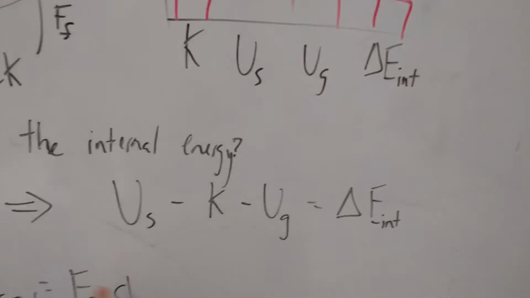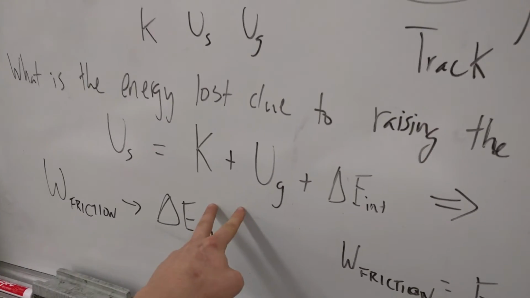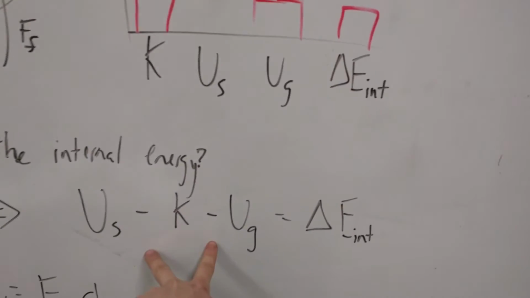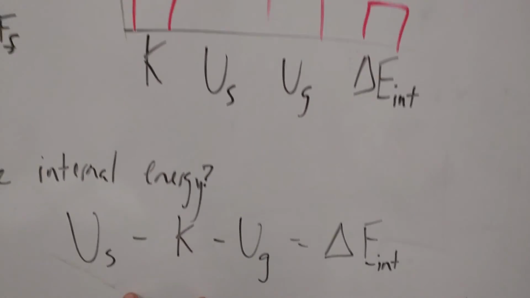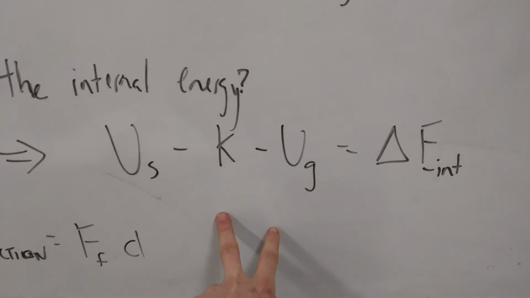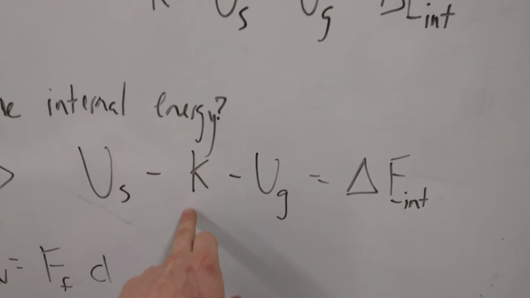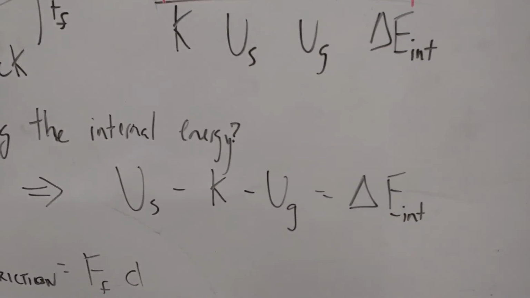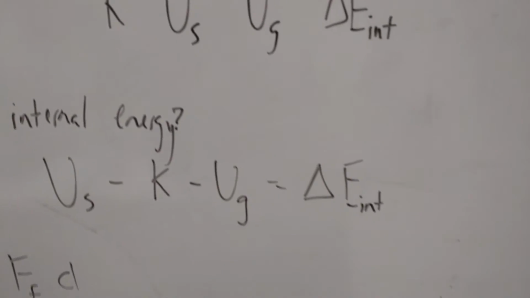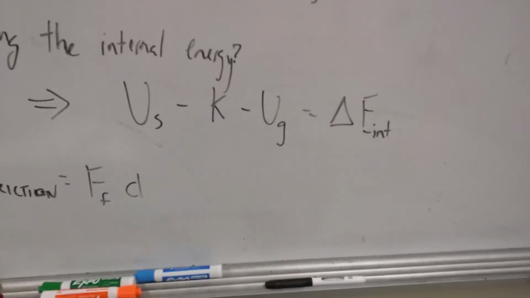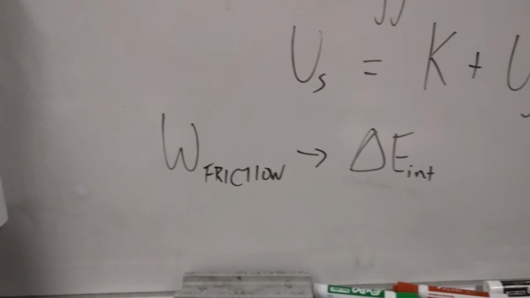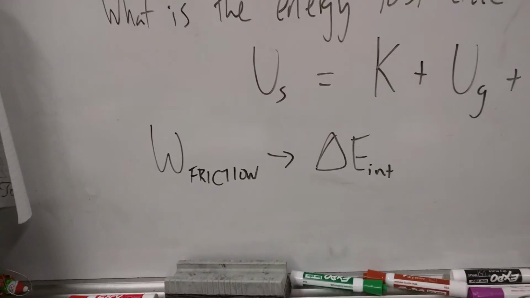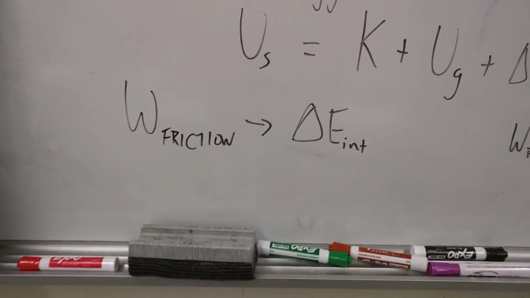If I rearrange this, I could throw these 2 terms onto the left side. I know that's a very loose term, but subtract the 2, and we get an expression that looks like this. Potential energy of a spring minus kinetic energy at the top minus the gravitational energy at the top is our change in internal energy.